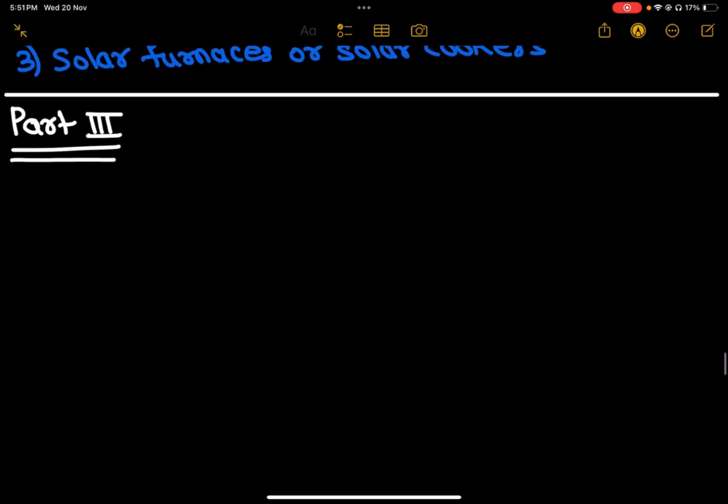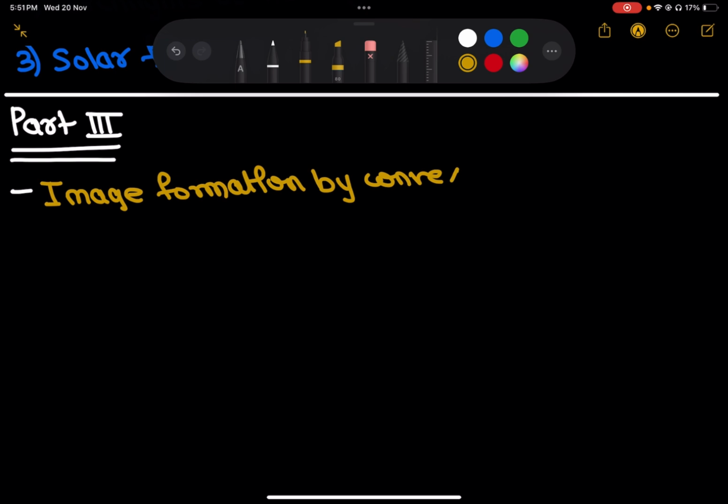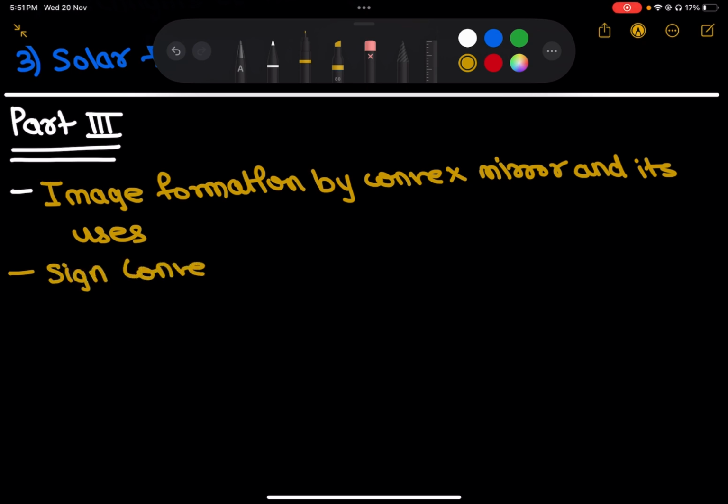Now in this part, we'll start with the image formation by convex mirror, and we'll see the uses of convex mirror. So there are only 2 cases in convex mirror, not many. I'll tell you the reason as well, right? Next, second, we'll study the sign convention for spherical mirrors. So what is the sign convention?